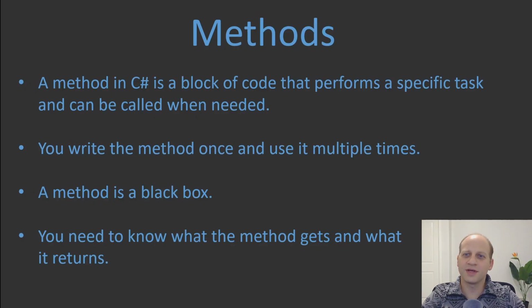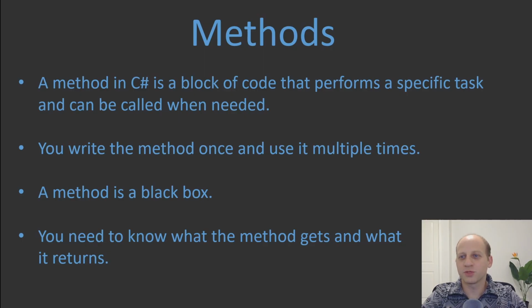Now, let's take the idea of a coffee machine to programming. A method in C# is a block of code that performs a specific task and can be called when needed. And you only need to provide the method with the input it requires and it will return the output that it produces.